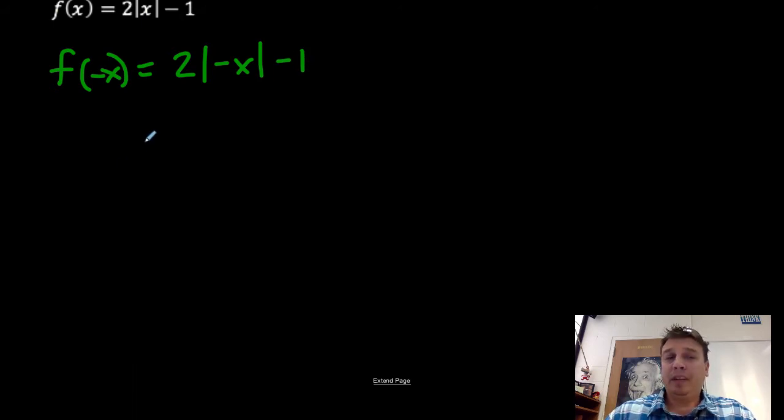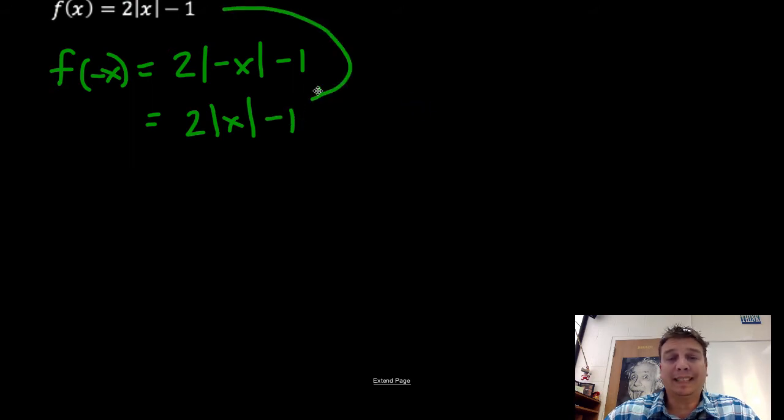The absolute value of a negative number is just going to give me the positive value. So basically it's just saying 2 times the absolute value of x minus 1. These two things are exactly the same, so therefore this is an even function.